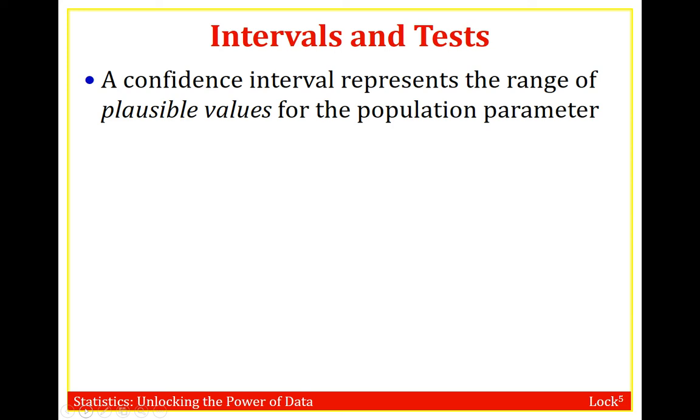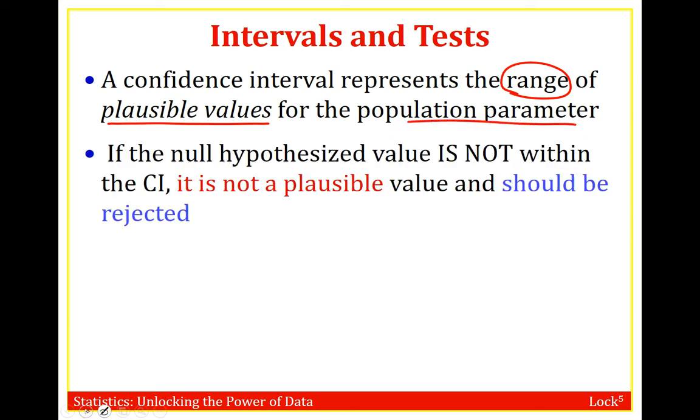If we're testing using an interval, a confidence interval represents the range. I'd like to circle that for you. A range of plausible values, a low and a high, if you will, folks, for the population parameter. Remember, the population is the big group. If the null hypothesized value is not within the CI, it is not plausible and it should be rejected.